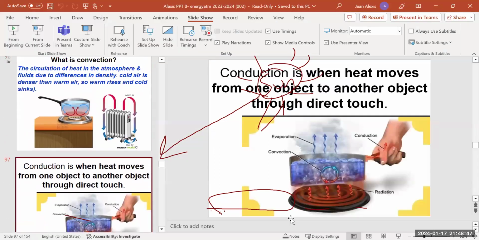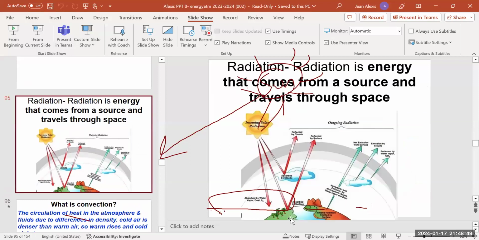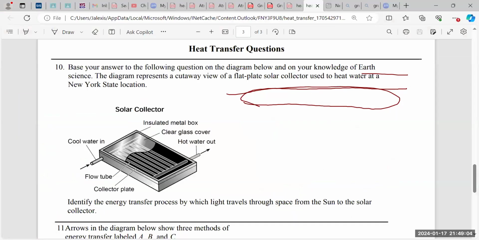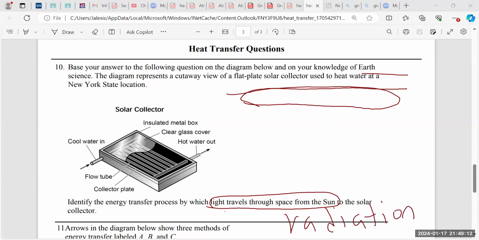If you look at your notes, literally word for word, it says right here: radiation is energy that comes from a source and travels through space. So the correct answer, especially since it's talking about light that travels through space from the sun, is radiation. That is the energy transfer process.